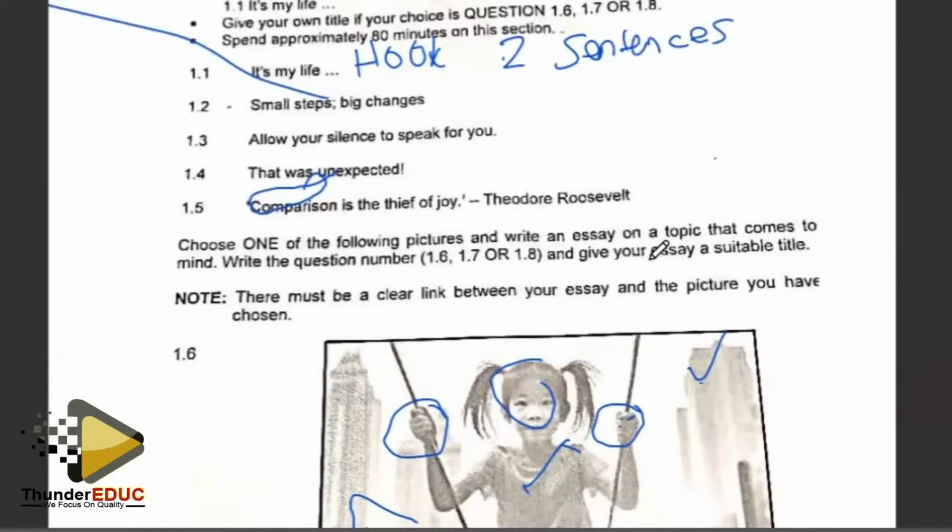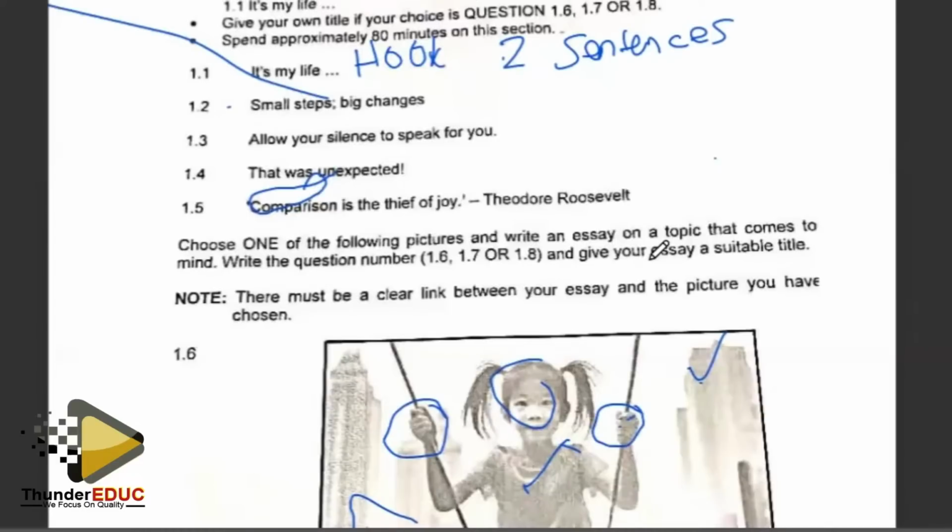Remember, we are writing a narrative essay. Whether it's a narrative essay or a reflective essay, you are trying to communicate a problem. So what is the problem that is faced? Sometimes people want to live your life, or if it's the second topic, small steps, big changes.